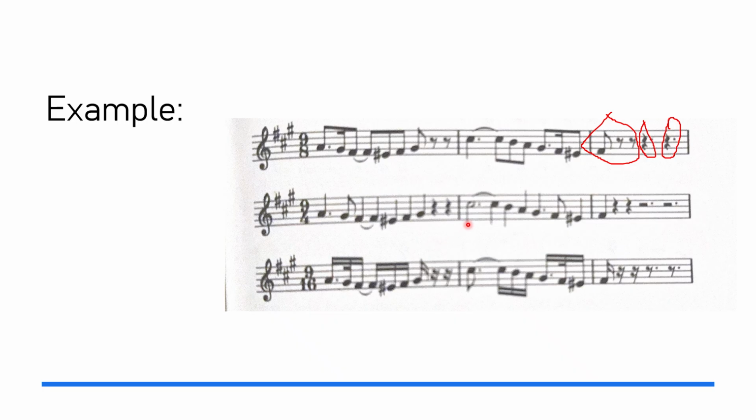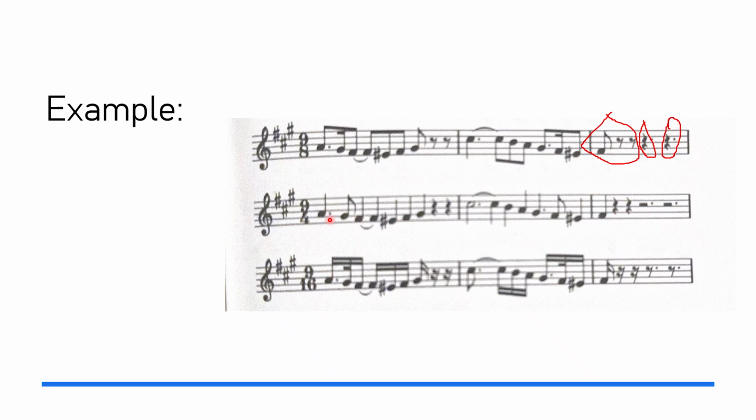So you see everything goes the same way. You have dotted crochet here, you have dotted minim. You're only doing what? Multiplying whatever you have here by 2 to get what you have here, because 9-4 is dotted minim.